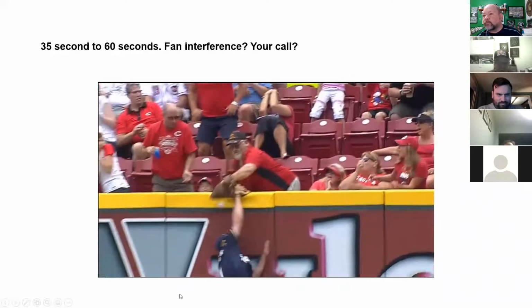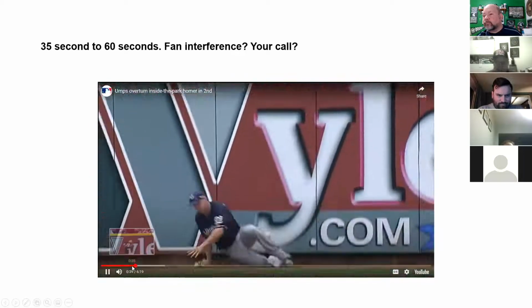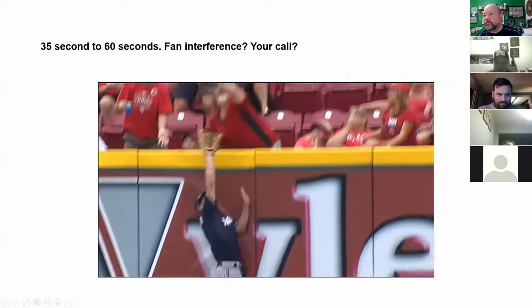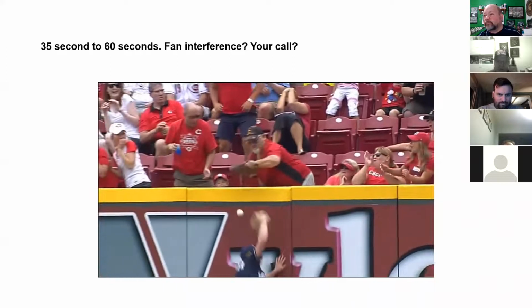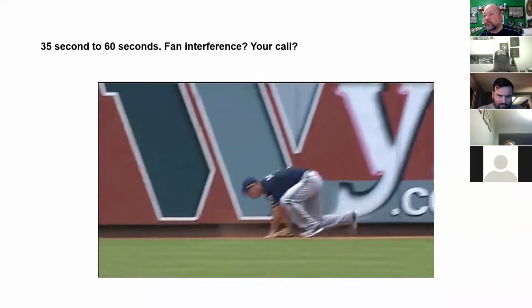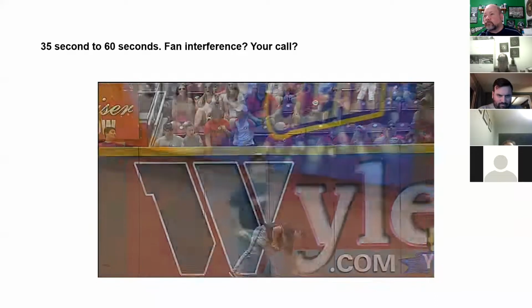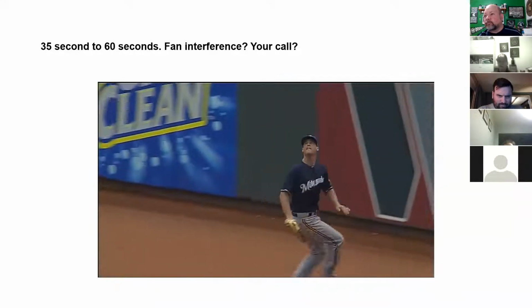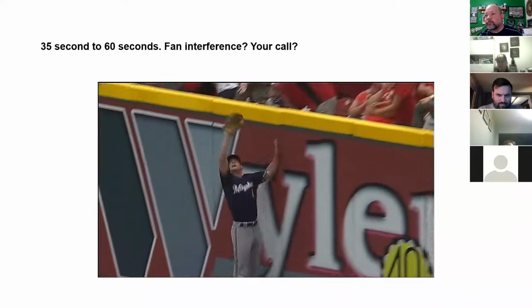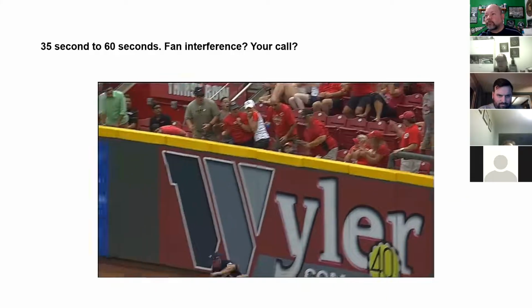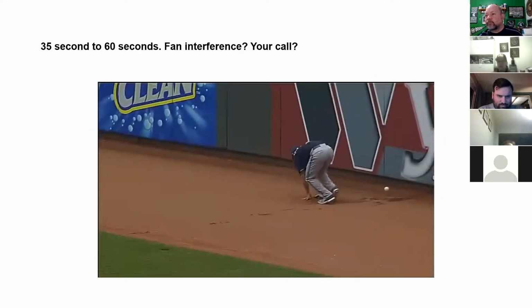The spectator in center field right there obviously has reached over the fence and touched the ball. Here's an example of a spectator reaching onto the field of play that interfered with the ability to make a catch. Everything after this is Major League Baseball taking forever to make a ruling.